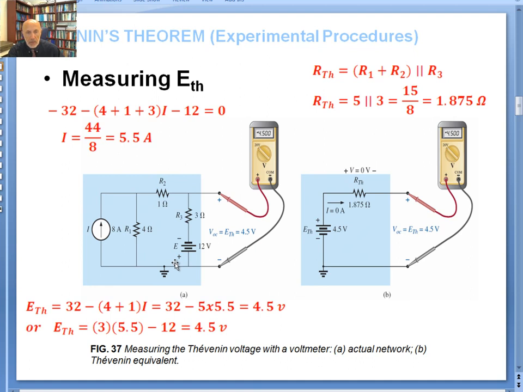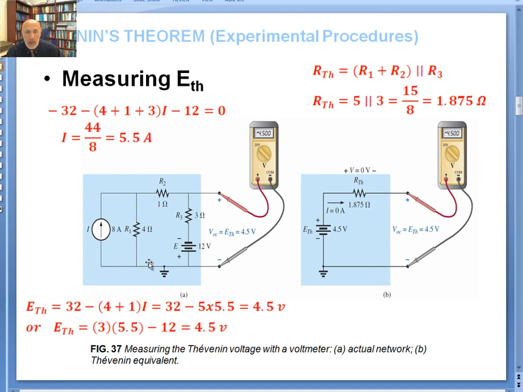Actually going around in the counterclockwise direction, it doesn't matter. It gives you 5.5 amps. For the total current, once you do the source transformation here, those two voltages add up, and that's 44 divided by the total resistance, which is 8 ohms. It gives you 5.5.